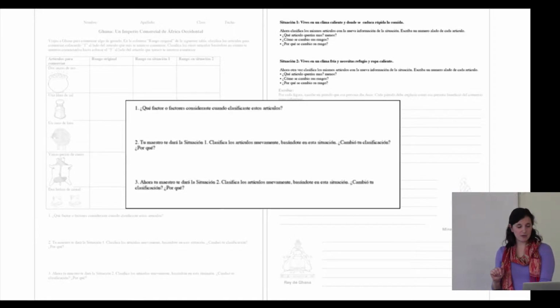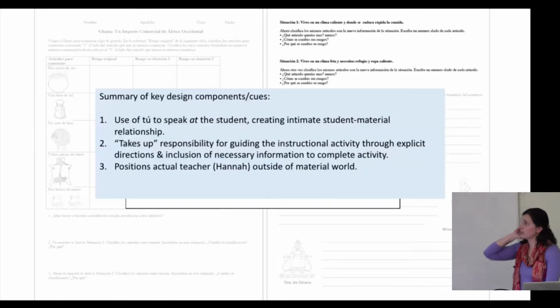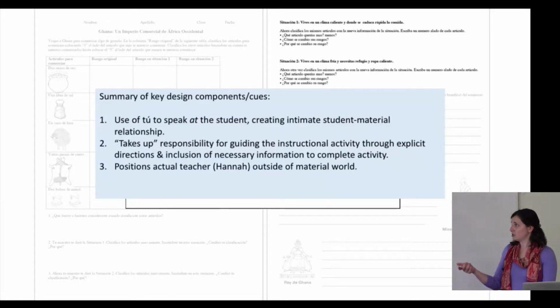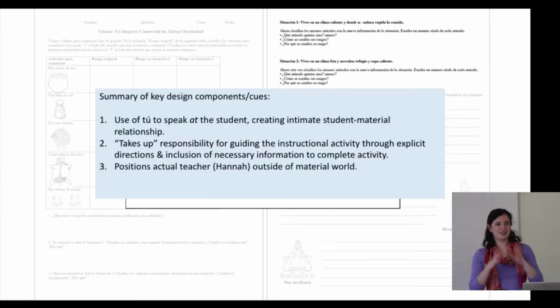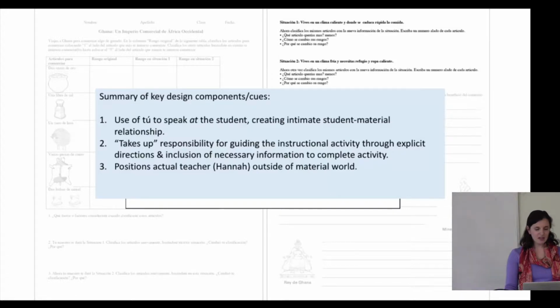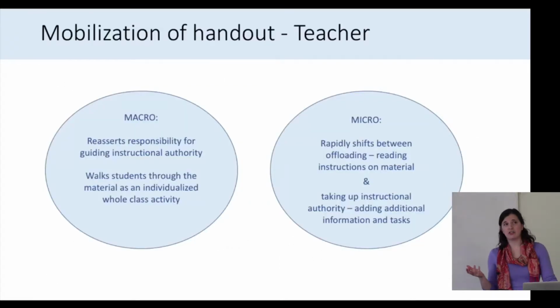So to summarize real quickly, the 3 key things are this use of the tú to speak at the student, the fact that the material takes up responsibility for guiding the activity, and then this positioning of Hannah outside of what I'm calling this material world that's created. And so when Hannah mobilized this material, there was sort of a macro and a micro mobilization.